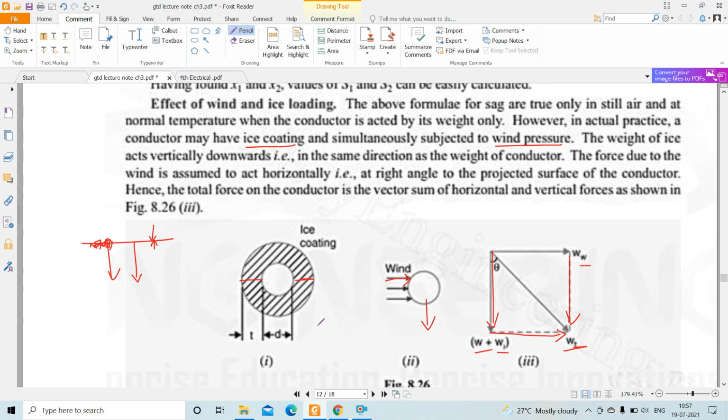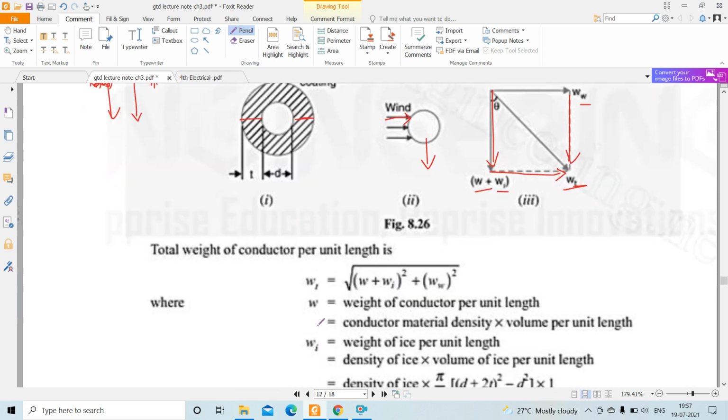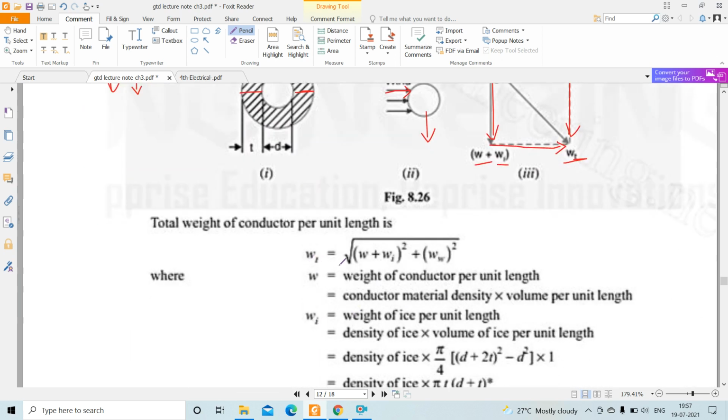The total weight Wt is equal to the root of (W plus Wi) square plus Ww square, where W is the weight of the conductor per unit length, equal to conductor material density into volume per unit length.